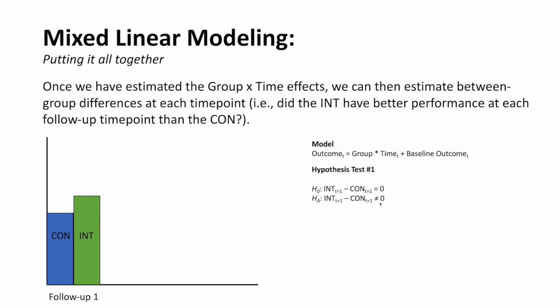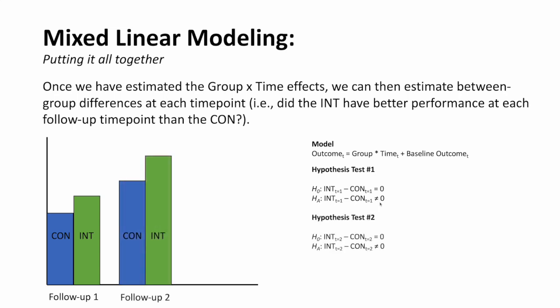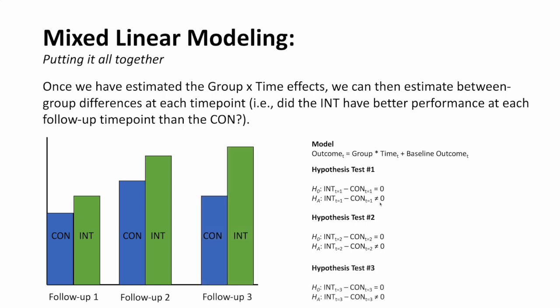We can then perform the same sort of assessment at other time points as well. We would test the same thing at time point 2, and then even at time point 3. So at follow-up 2, we would look at whether there are differences between groups, null hypothesis being that there isn't, and the alternative hypothesis being that there is. Same thing being true again at time point 3. Null hypothesis being that there are no differences between groups, and the alternative hypothesis being that there is.